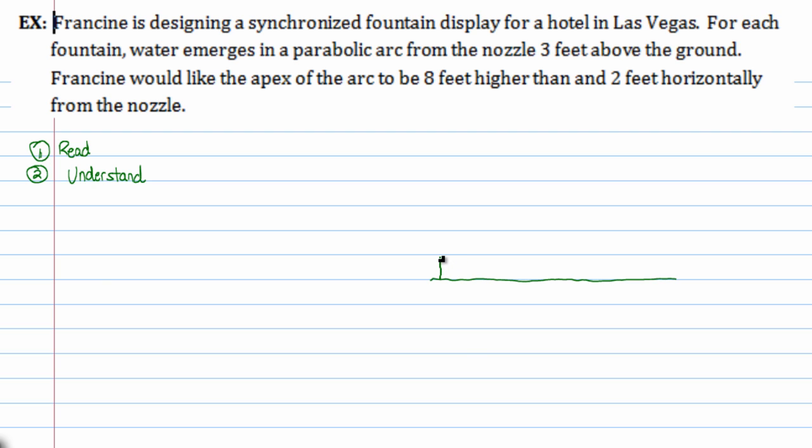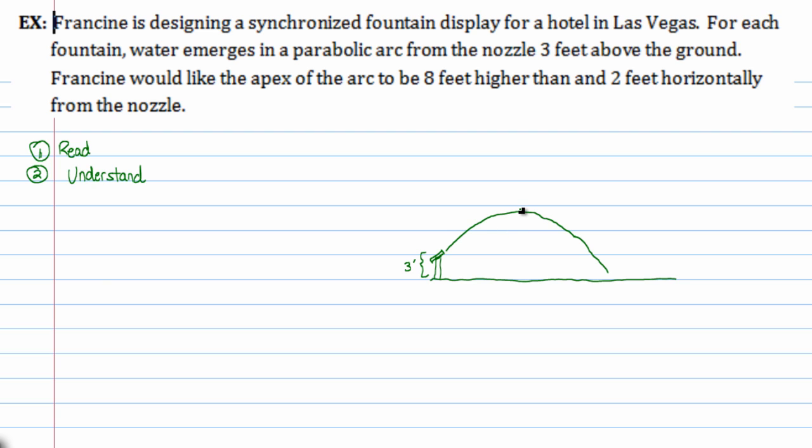So we'll pretend that here's a little pedestal and here's a nozzle. Water fires from this nozzle in a parabolic arc, and the water leaves it at 3 feet above the ground.